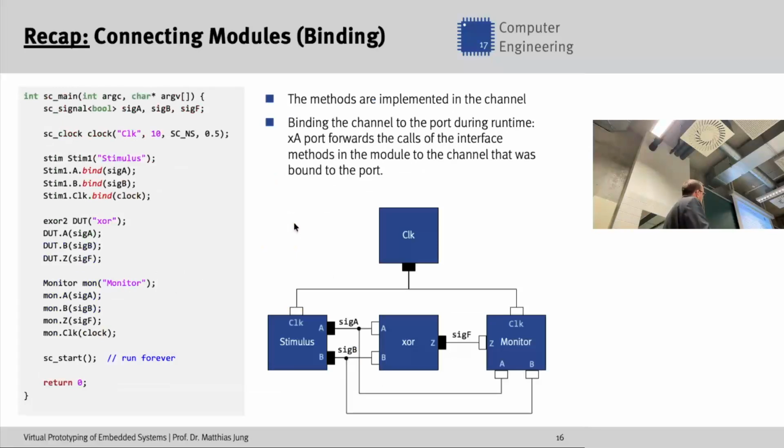Okay, then the binding, I think that's also something that we have seen already last time. You can use this bind method, and then we make sure that this channel, which is a signal, is bound to this port and that port and so on and so forth. This is done by the bind method. Good. Okay. Yes?